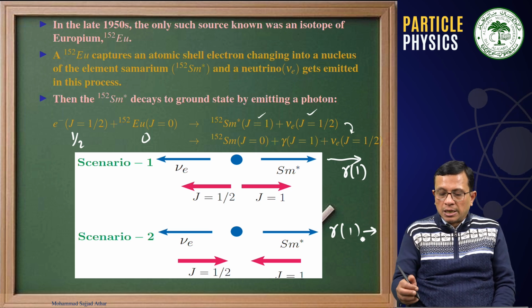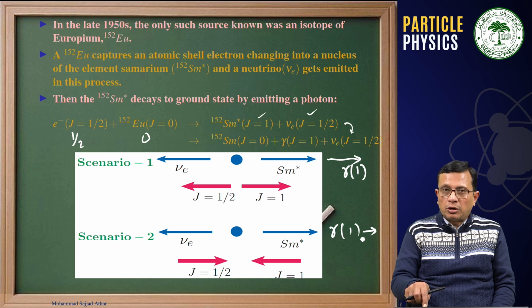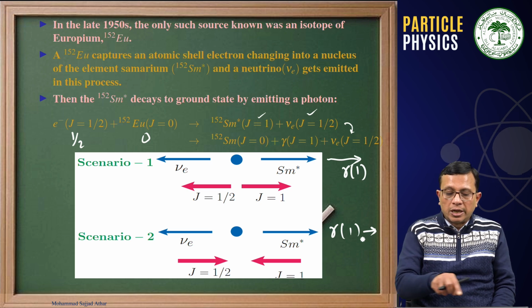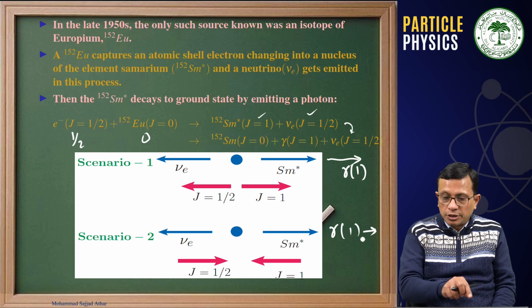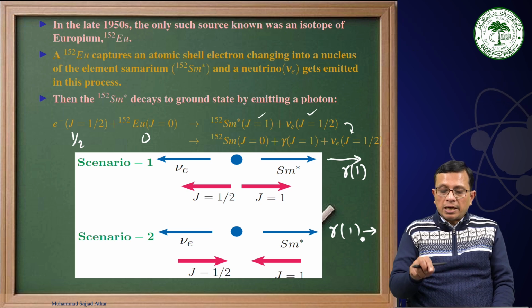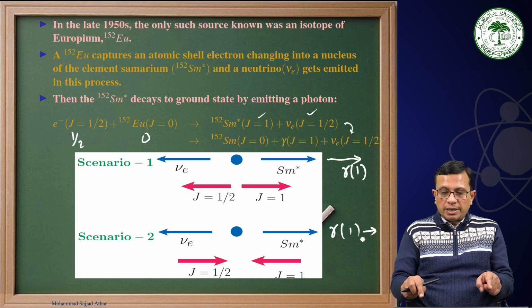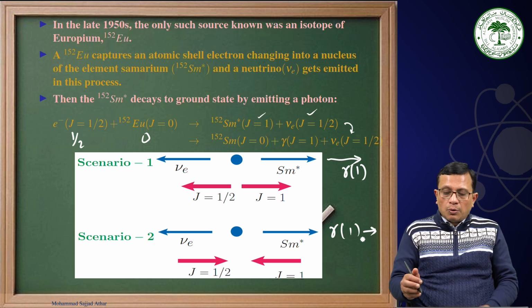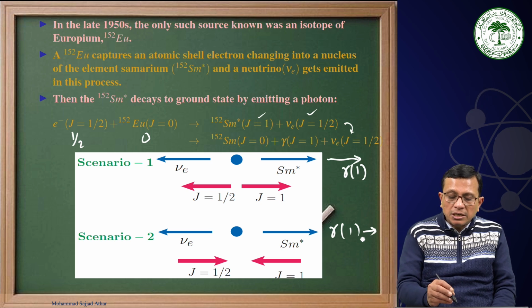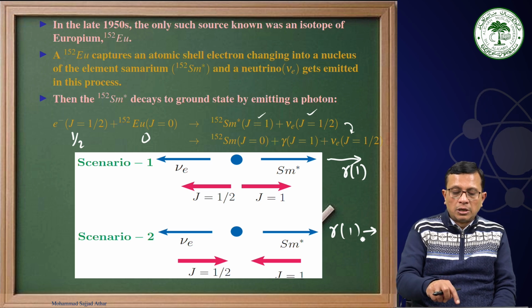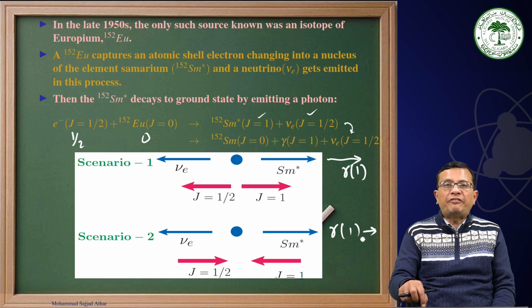Therefore, notice that the direction of momentum of the emitted real photon is opposite to the direction of linear momentum of the neutrino, as well as their angular momenta also being in opposite directions. But by doing that, what you can see is that if the helicity of the neutrino, nu e, in scenario 1 has momentum and spin right-handed, the same is true for the photon also.